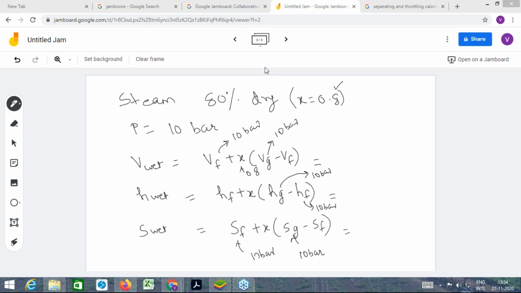Anamta, you are closer to the answer for enthalpy, but it is slightly off the mark. It should be around 2300. Just check which steam tables you are using. Are you using some online source or a physical steam table?